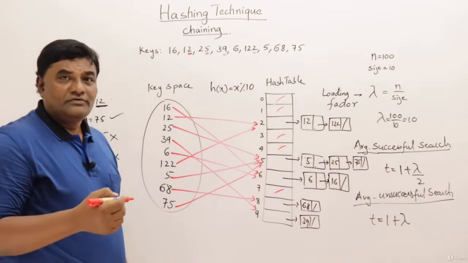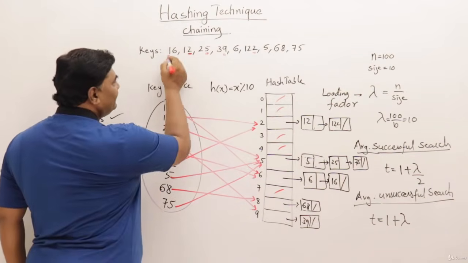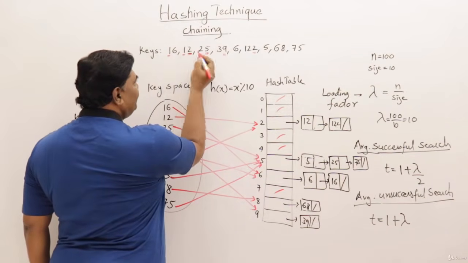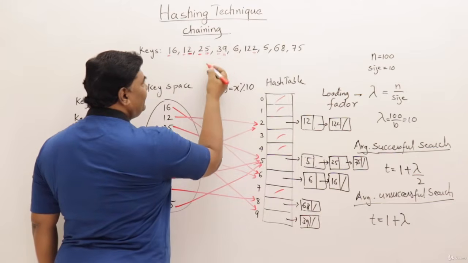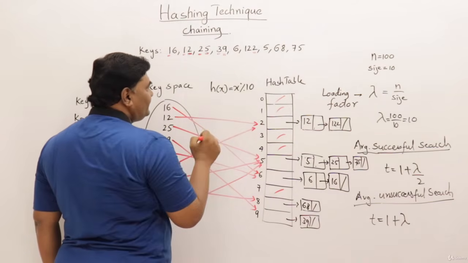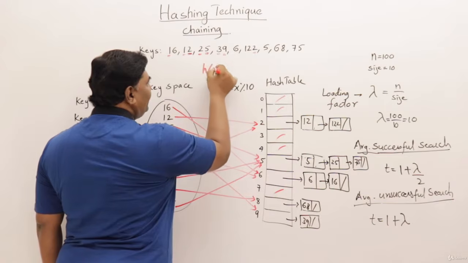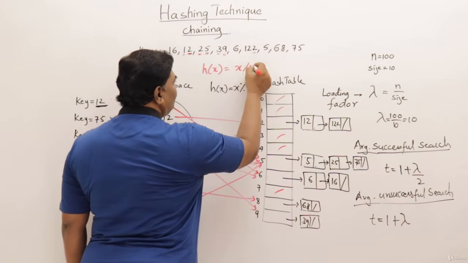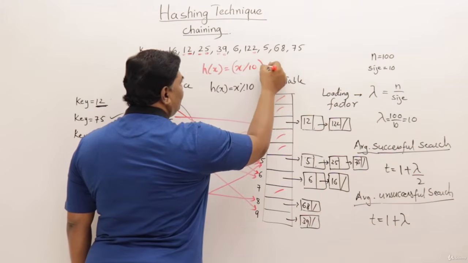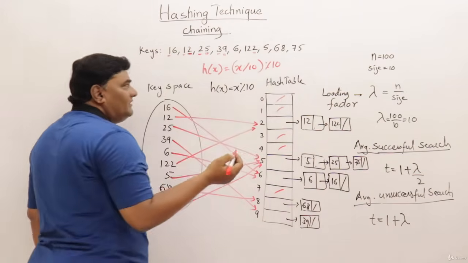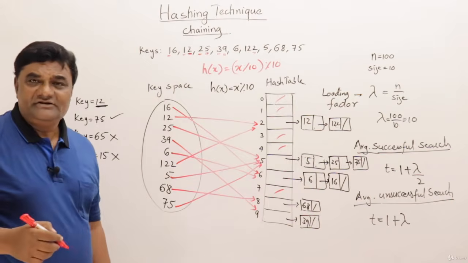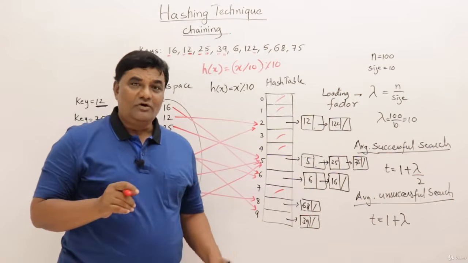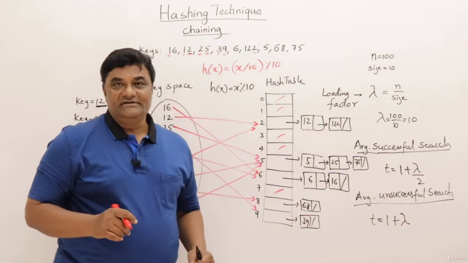If you say no, I want to look at the second digit from the right side, the second last digit, you can write a hash function for that also. The hash function will be h of x equals x divided by 10, then mod 10. If you want, you can modify the hash function.